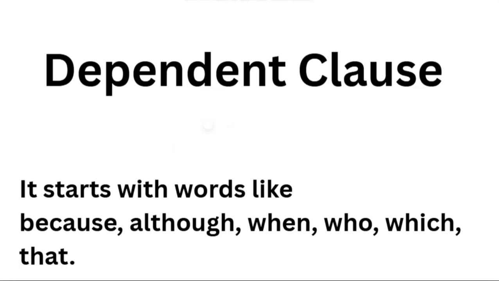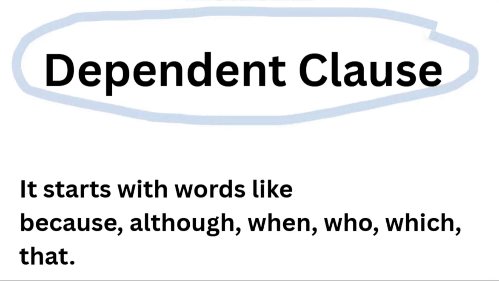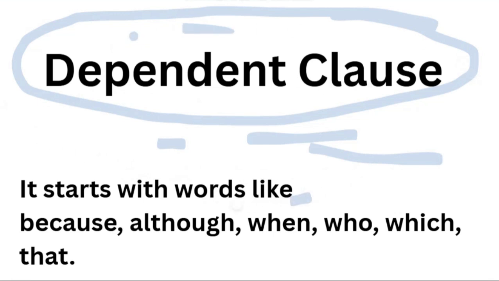Now let's talk about the opposite of independent, the dependent clause. As the name suggests, dependent means it relies on something else and is not complete on its own. Yes, it still has a subject and a verb, but it cannot express a complete thought by itself. It will feel incomplete, like something is missing. You'll notice that dependent clauses usually begin with words like because, although, when, who, which, or that.